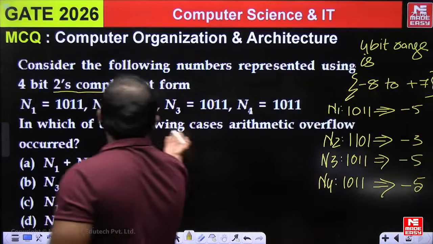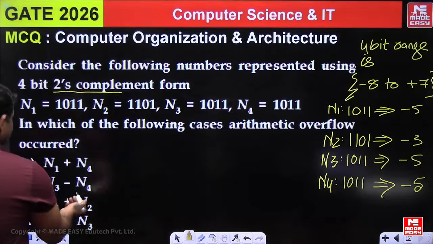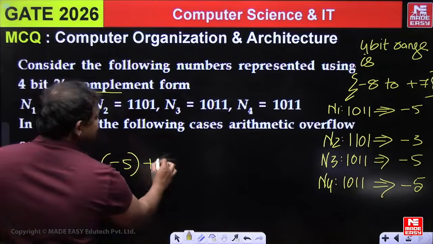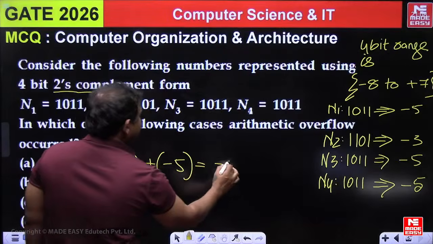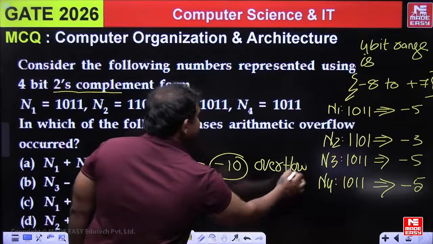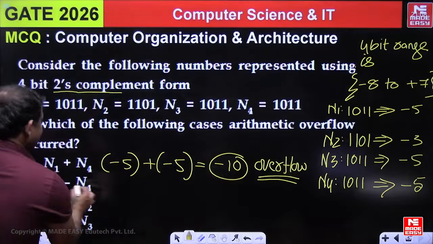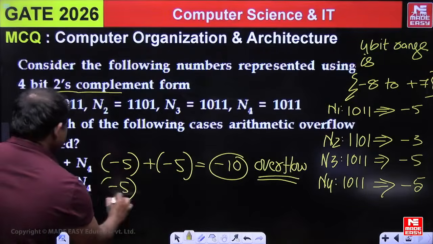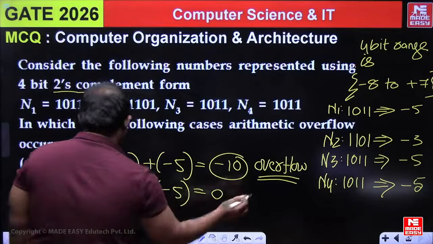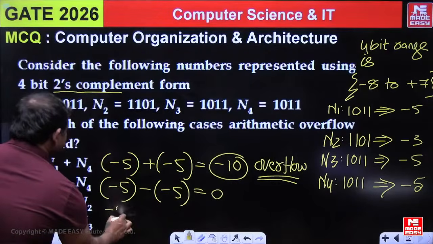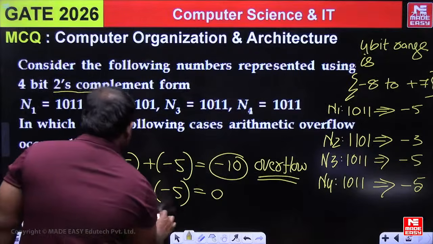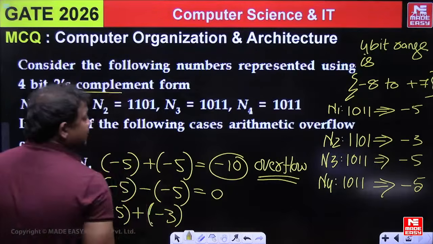Then in which of the cases did overflow occur? So n1 -5 plus -5 is equal to -10. This is the overflow case. This data is not present in the above range. n3 -5 minus -5 is equal to 0, present in the range. n1 -5 plus n2 -3, correct?